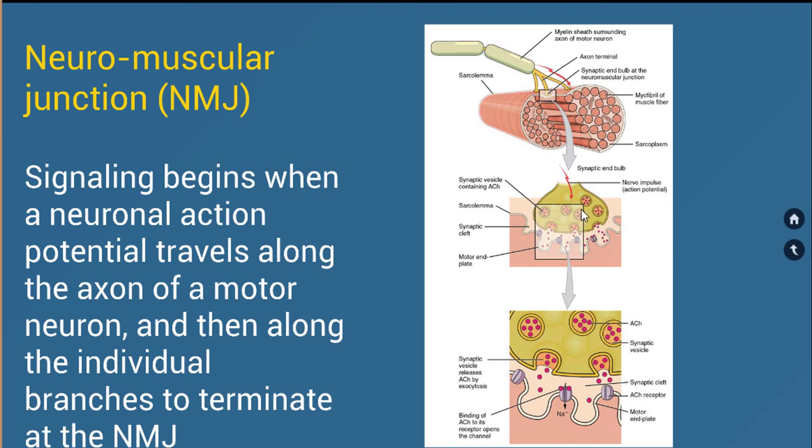Propagation of an action potential along the sarcolemma is the excitation portion of excitation-contraction coupling. Recall that this excitation actually triggers the release of calcium ions from their storage in the sarcoplasmic reticulum.